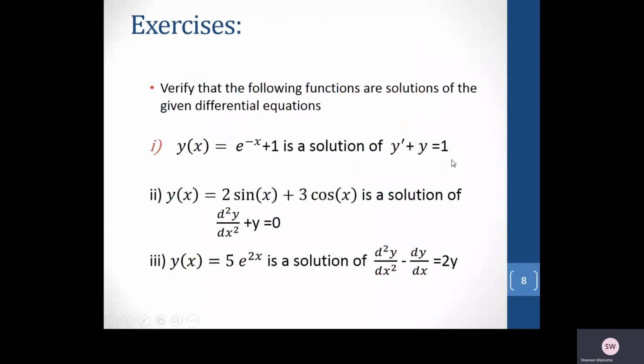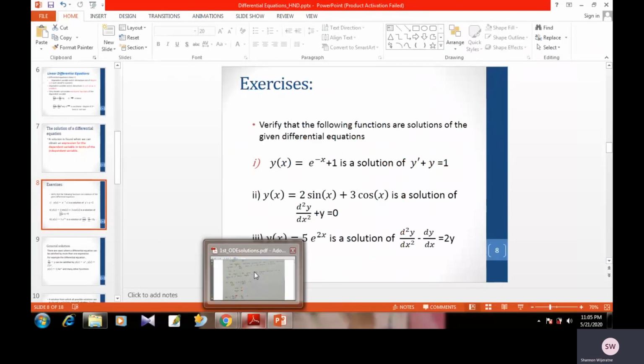So you have to verify whether these functions are solutions or not. If these functions are solutions of the differential equation, they should satisfy this given differential equation. So let's take a look at how to verify that the given function is a solution of a differential equation.